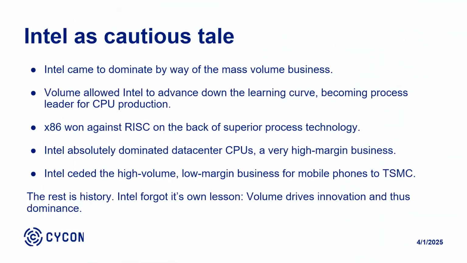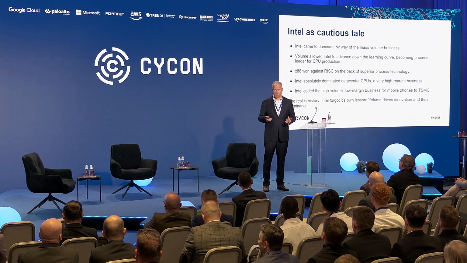Companies like Amazon or Google were absolutely at the mercy because nobody else could produce high-performance server chips. And the business decisions at Intel were, hey, we should really focus on the high-margin server business. And when Steve Jobs called to try to get Intel chips into the iPhone, famously Intel decided that the margins on the volume production for mobile phones are so terrible that they're not interested in doing it.